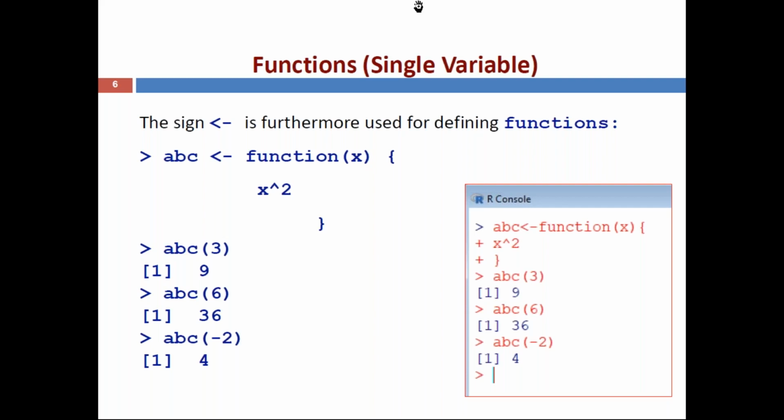First, we will see how to create a function using a single variable. Now I am creating a function named ABC equal to function of x. Here x is the argument. Here only one argument is used. So this is a function with a single variable, meaning a single argument.